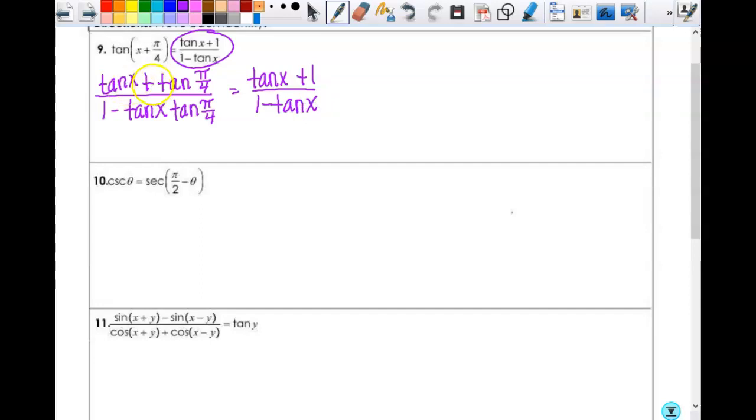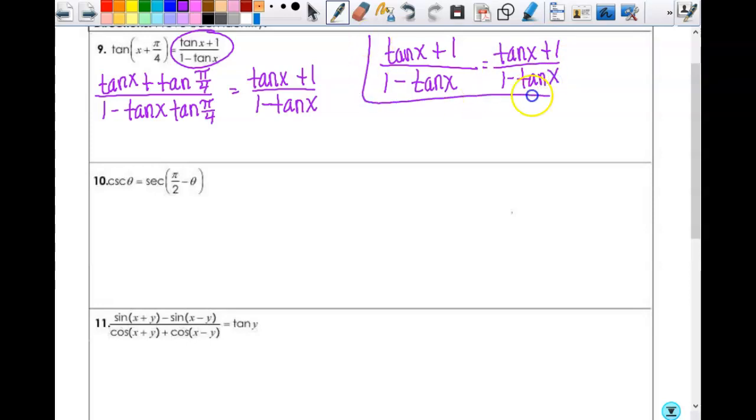Well, tangent of pi fourths is 1. So this is going to be tangent of x plus 1 over 1 minus tangent of x times tangent of pi fourths. Tangent of pi fourths is 1. So when I multiply that, I just get tangent x. And then look at that, we're done. That equals tangent of x plus 1 over 1 minus tangent of x. And it works.